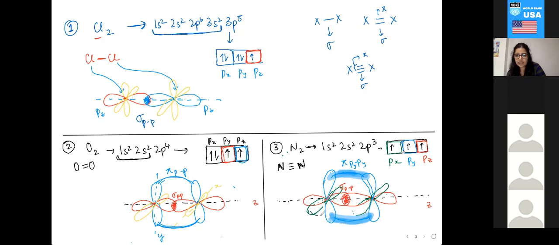So this is the other pi overlap. It looks like the electron cloud is concentrated over here. I don't know how clearly this is coming across, but are you able to visualize in a 3D way what's happening?